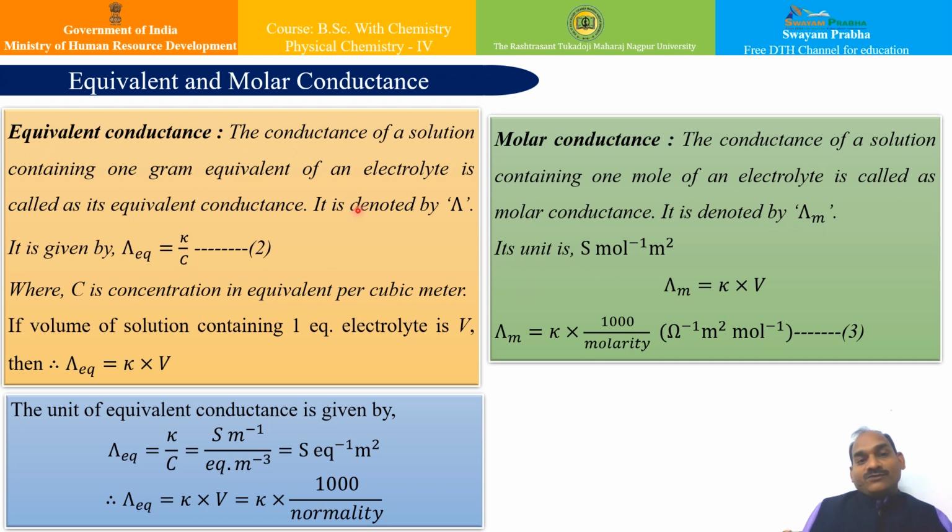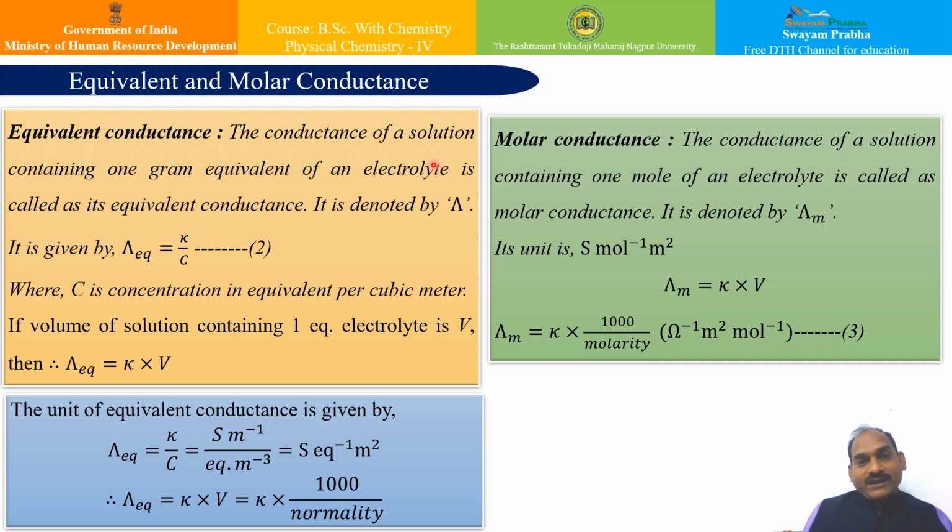Therefore it is very important to express the conductance in terms of equivalent conductance or molar conductance. In equivalent conductance, the charges of solute ions are critical for determining the conductance of the solution.